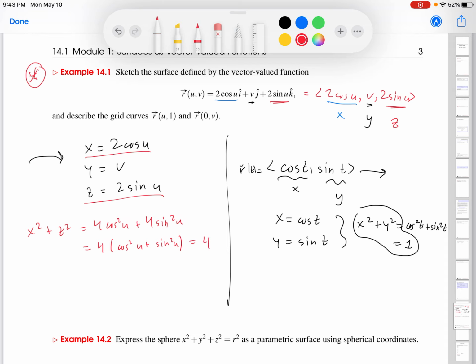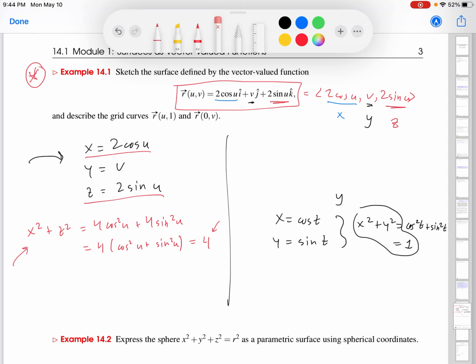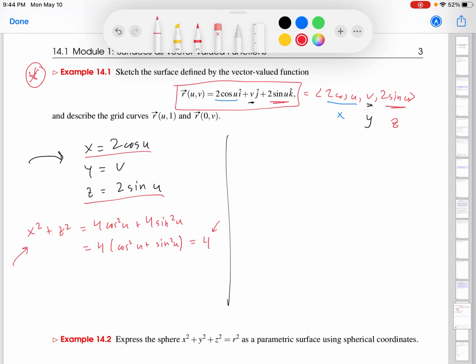So whatever surface this parametric function defines, I know that in the xz plane I get circles of radius 2. That's going to be very useful in a minute when we visualize this. What's not included here is y, and that's because y plays a different role as far as this parameterization goes. Notice that y is just equal to v, so it is quite separate from what's going on in the xz plane.